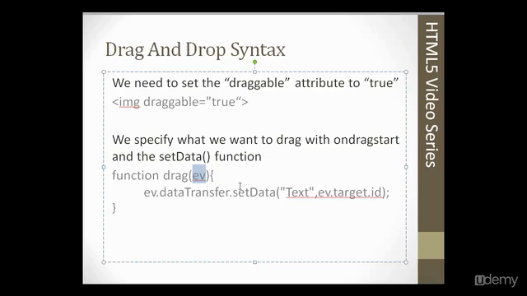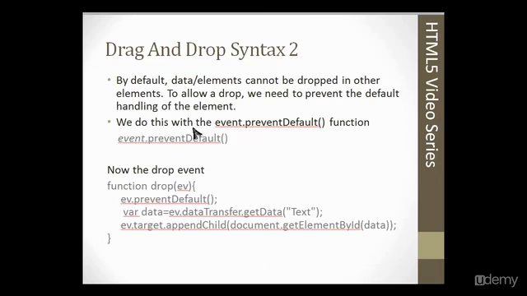If that makes sense. And then we have the ev.dataTransfer.setData method, which sets the data type and the value of the drag data. So this would be the value of the drag data and the type, text.